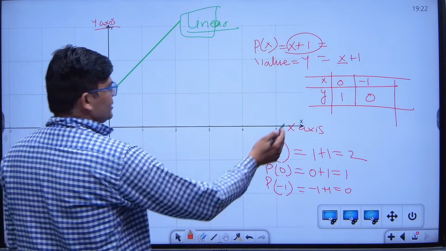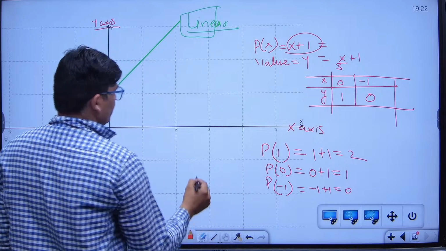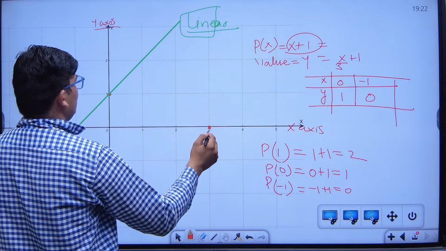If I take x is equal to 3, what is y going to be? 4.